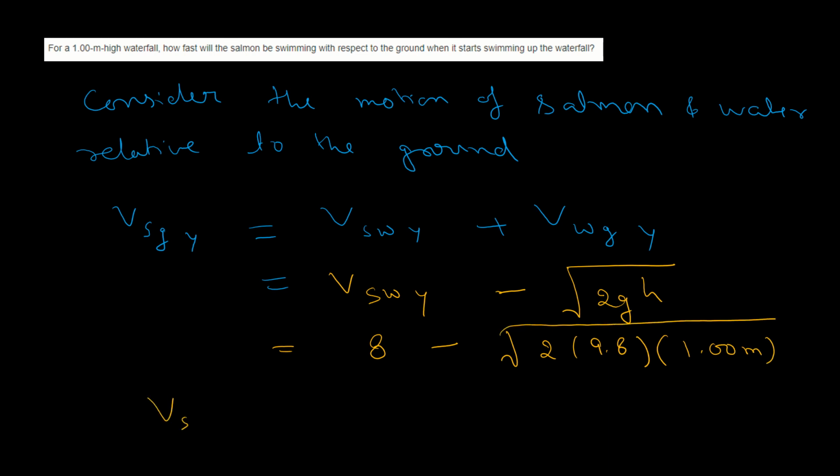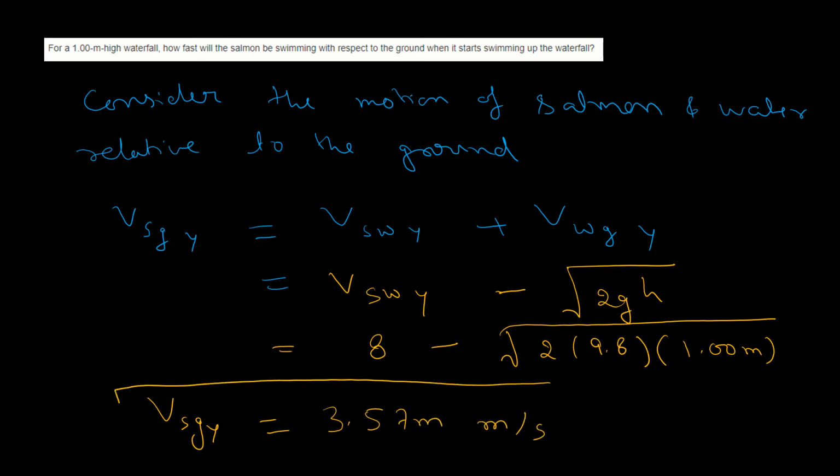So from this, v_sg,y, when you substitute these values in your calculator, you will get 3.573 meters per second. So this is the velocity. Thank you.